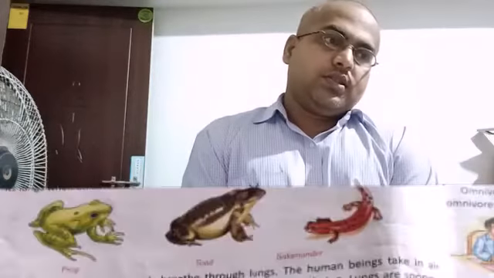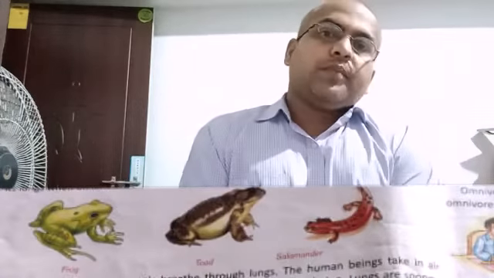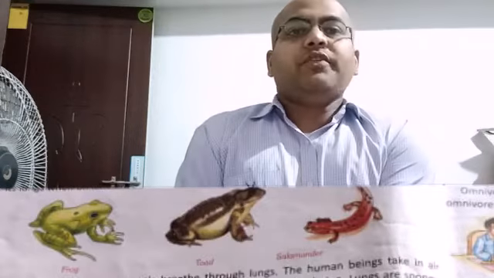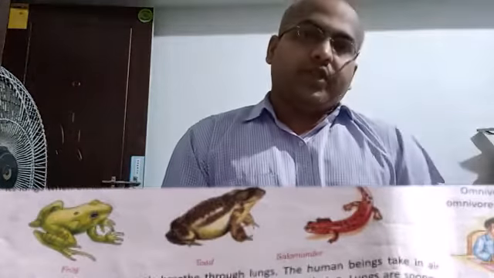The next type of modification is the breathing organs. Different animals have different types of breathing organs. Breathing organs help in a very important process, and this process is called respiration.